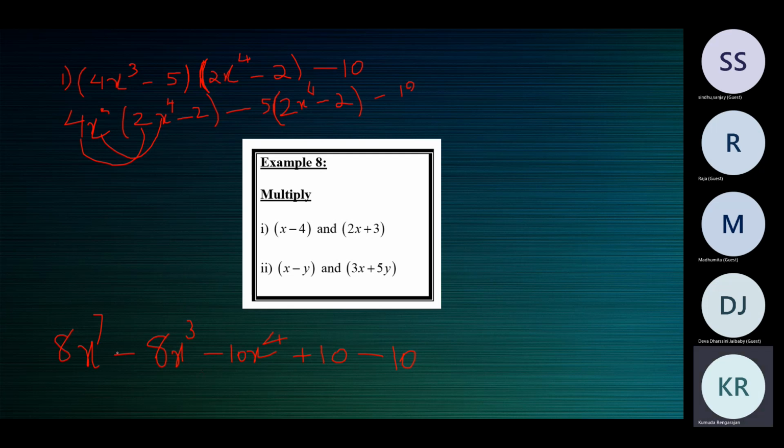So you need to subtract, but they're not like terms. So plus 10 minus 10 gets cancelled. So the result is 8x to the power 7 minus 8x cubed minus 10x to the power 4.